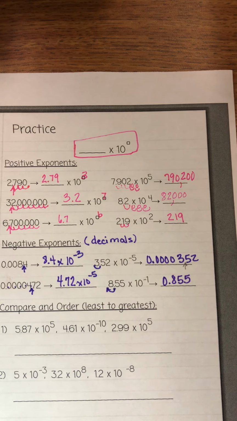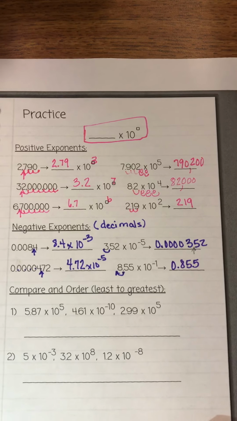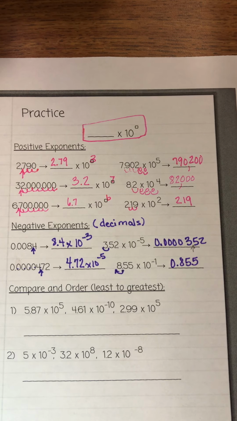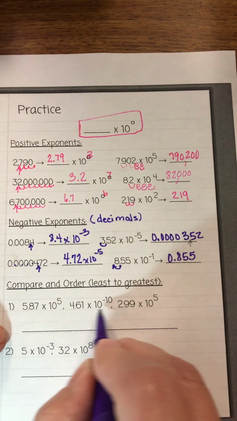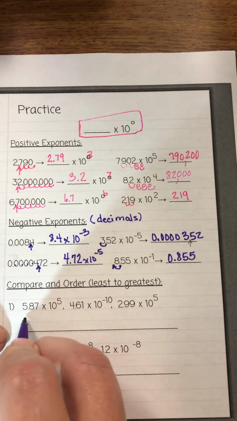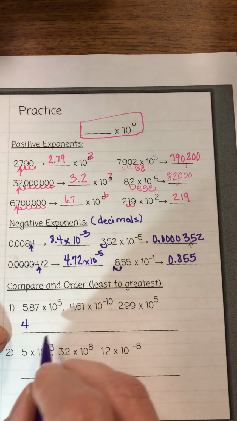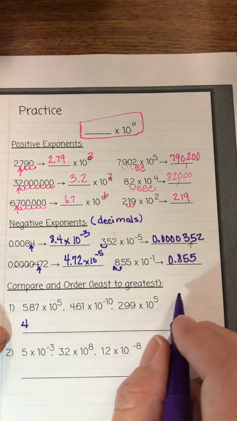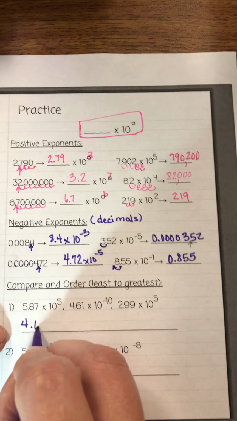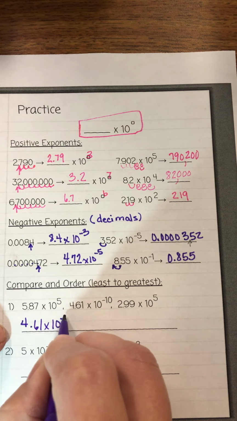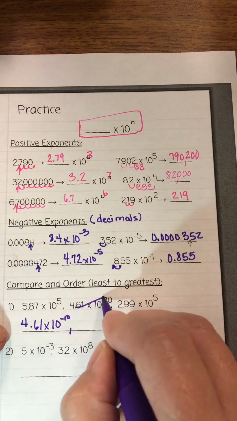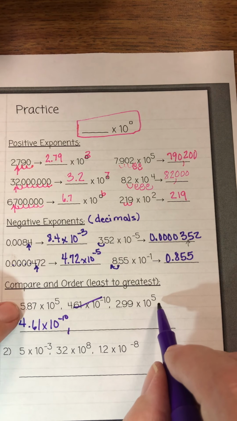Very good. So that's how we go from standard to scientific notation and back. Now lastly, we have to compare. And the easiest way to do it is start off with your exponents. As we can see, this number right here is our exponent, is -10. That's smaller than 5 and 5. So that's going to be our least number. Now here you have 2 numbers that have the same exponent.